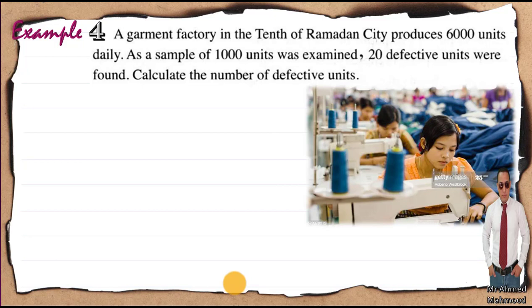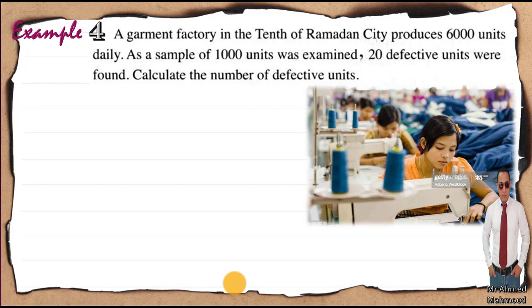Okay, example 4. In this example, a garment factory in the 10th of Ramadan city produces 6,000 units daily. Okay, as a sample of 1,000 units were examined, 20 defective units were found.